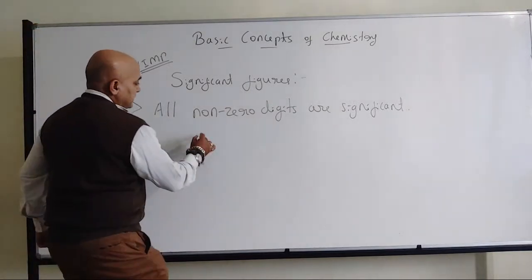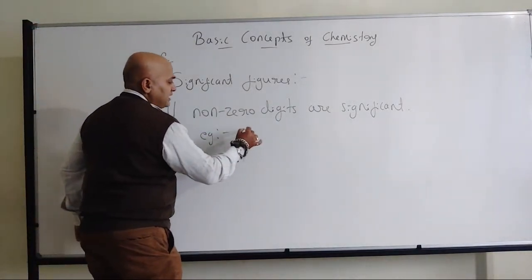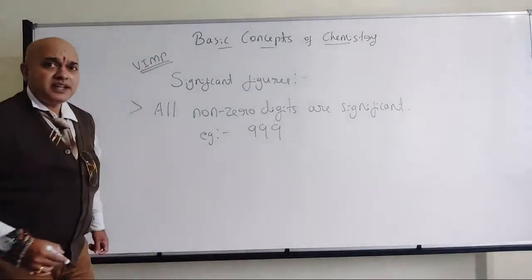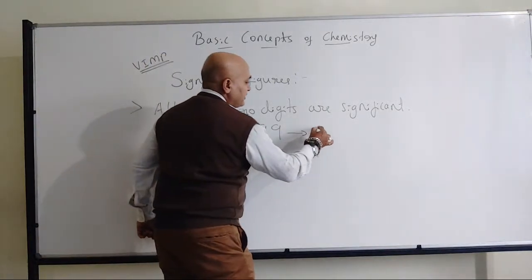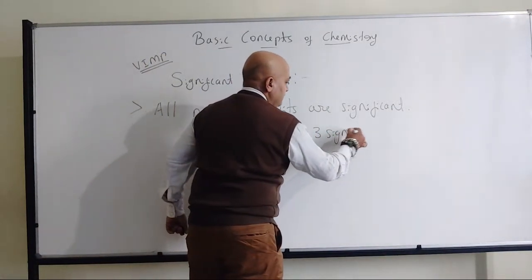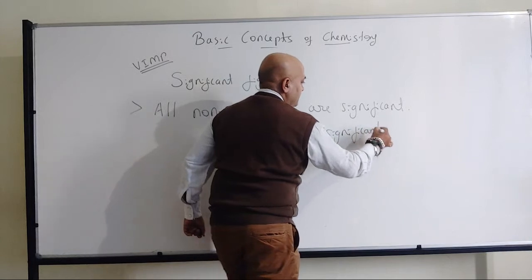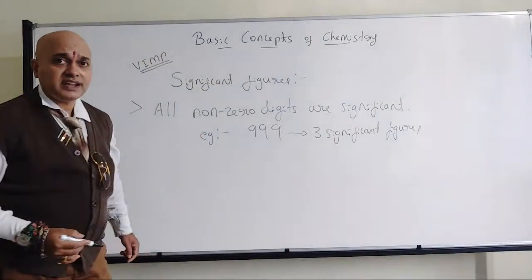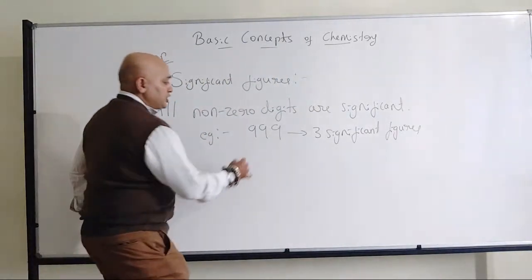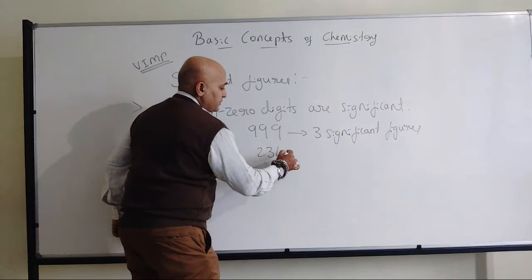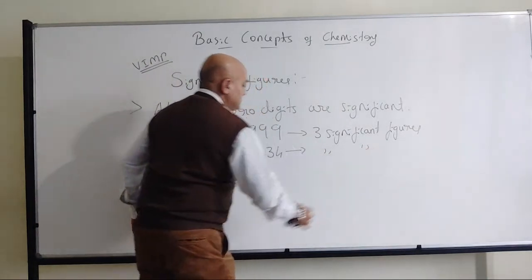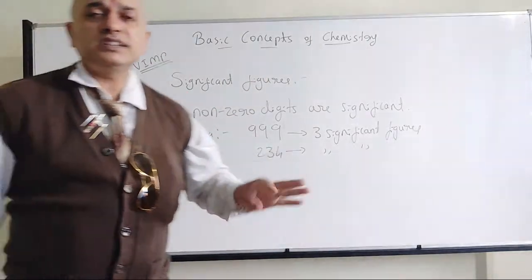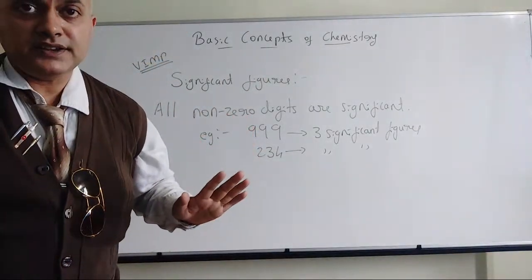Say for example, if I have 999, that means it has 3 significant figures. If I mention 234, then also it has 3 significant figures. So that's what it indicates: all non-zero digits are significant.